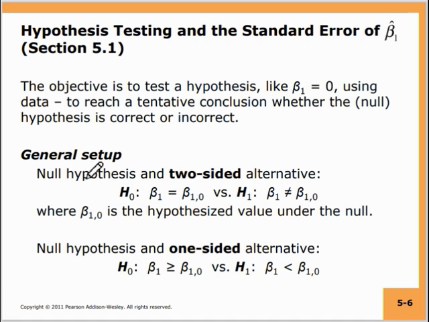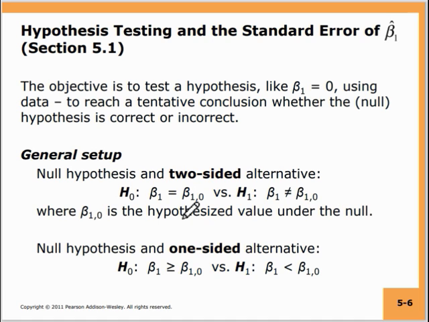So in a more general manner, we will not start with beta 1 equal to 0 as a particular null hypothesis, but suppose we say that beta 1 is equal to some hypothesized value under the null. This is a two-sided alternative: beta 1 is equal to that hypothesized value versus beta 1 is not equal to the hypothesized value.